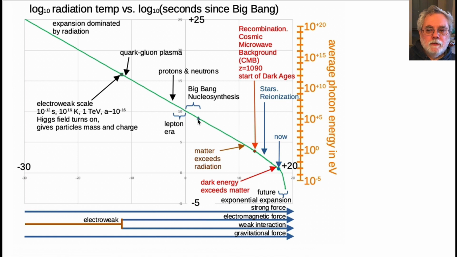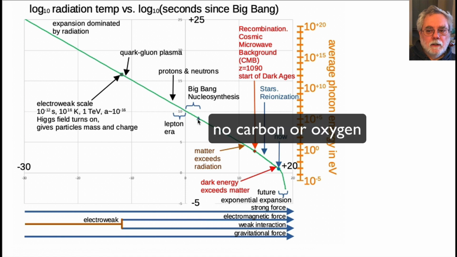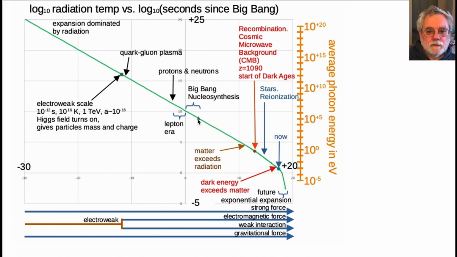The ratio of deuterium to hydrogen-1 is around 25 parts per million. Helium-3, lithium-7, and lithium-6 are also present in smaller amounts, but no carbon or oxygen. This will be the starting composition of the first stars when they form later.